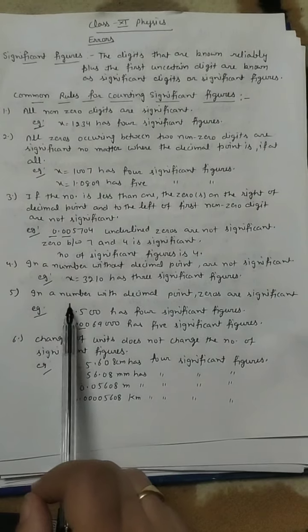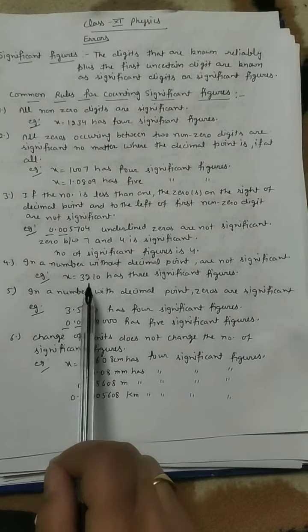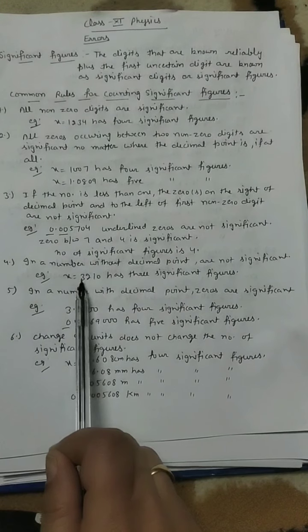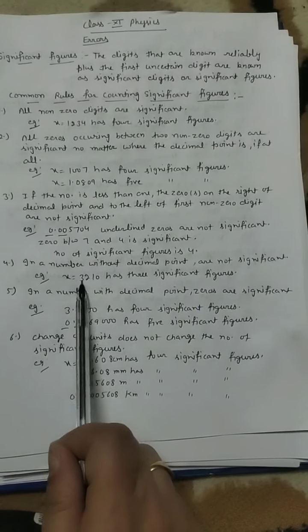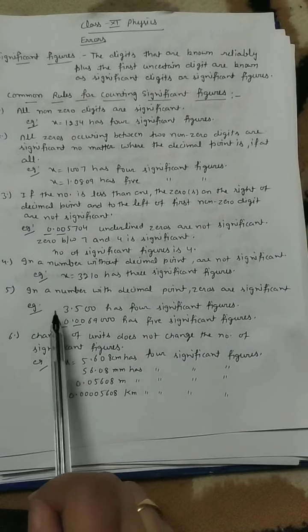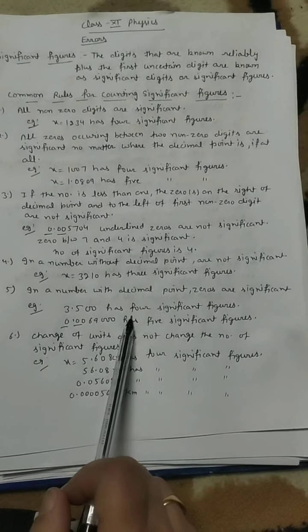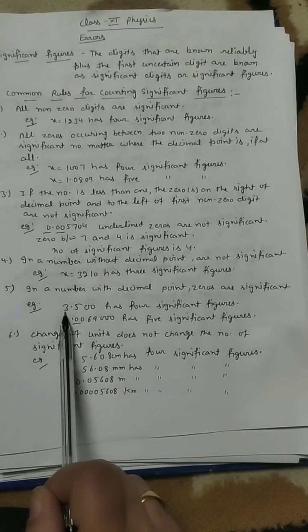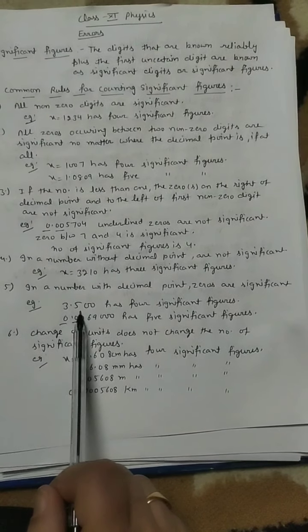The next rule: in a number with a decimal point, zeros are significant. If we put the decimal here, it becomes four significant figures. Like the example 3.500 has four significant figures. If we take the example 3500, it becomes two significant figures.